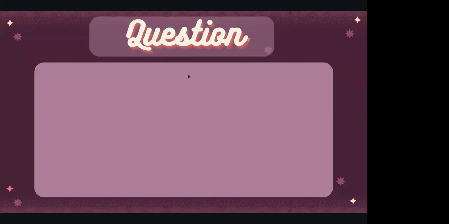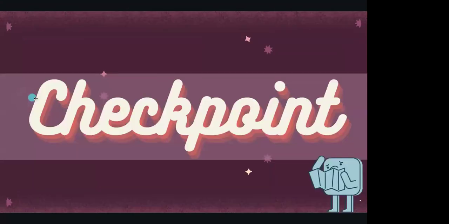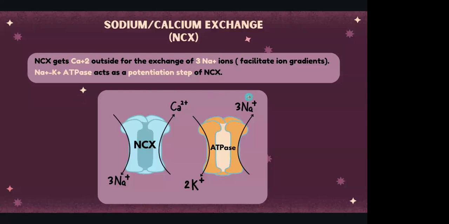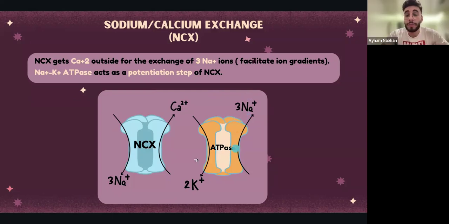Sure. So the NCX exchanger, it gets initiated when the sodium potassium ATPase works? No, actually, the sodium potassium ATPase is always working, because we also have other ion gradients that are needed for cell functioning.